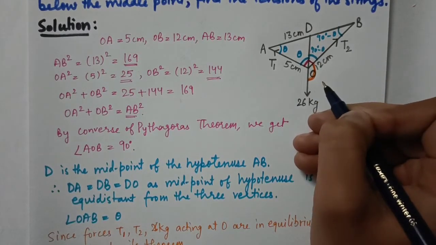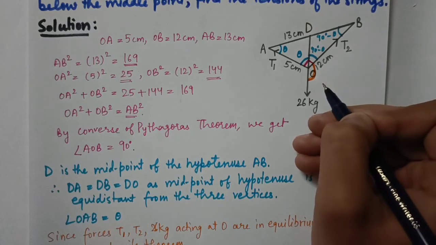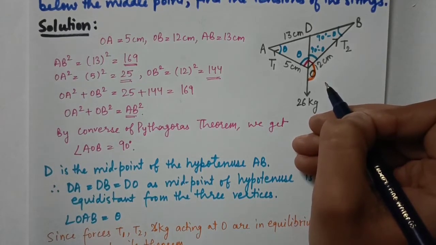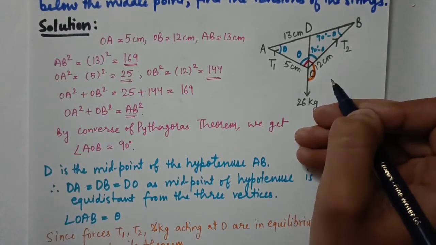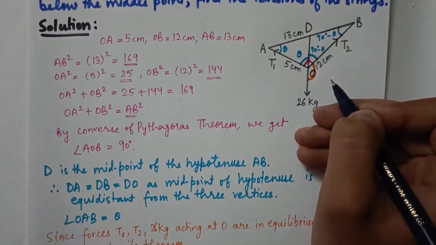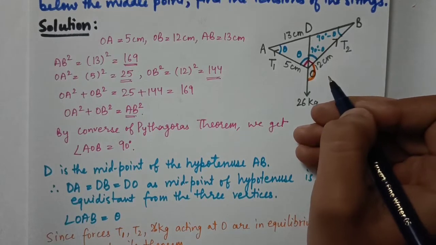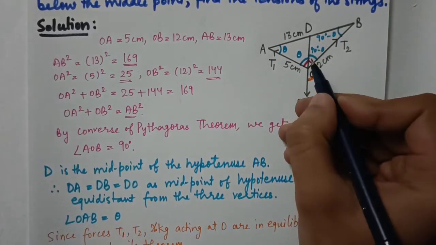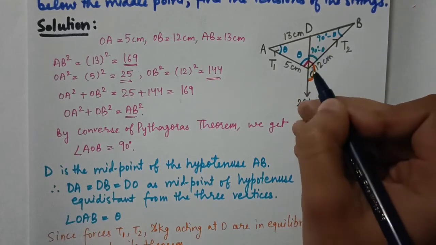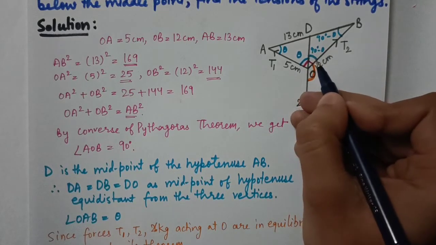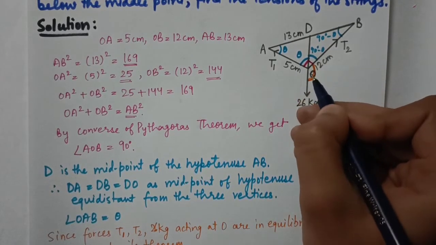And now we would have to find out the value of this angle so that we could put sine in front of it, and then we could write down the equation that we are getting by using Lami's theorem. So we know that this is a line, and this angle is 90 degree minus theta, and we have to find this angle.